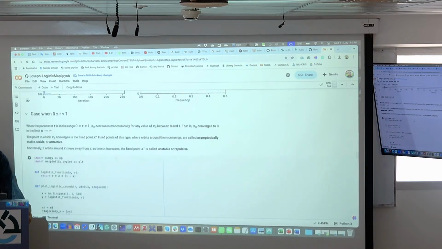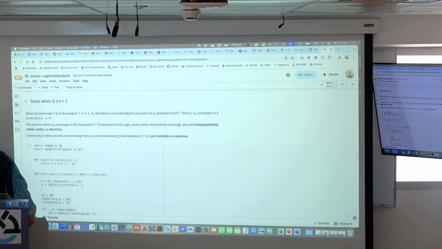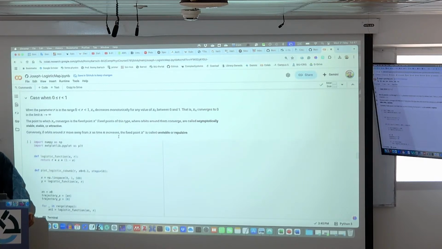Then we talk about the case when R is smaller than 1 and bigger than 0. At this point, the population is dying, so Xn decreases for any value of X0 between 0 and 1, and Xn converges to 0 in the limit of n going to infinity.